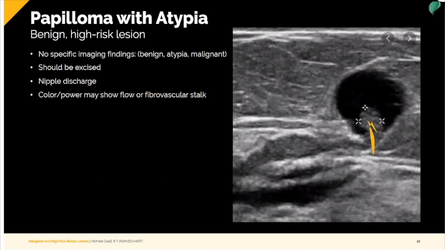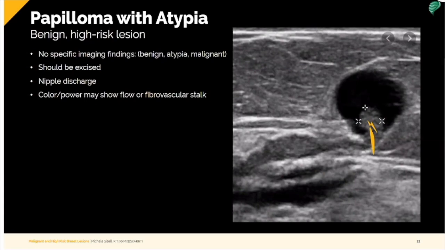The next one is a papilloma with atypia. If a biopsy comes back as a papilloma, as long as there is no atypia associated, it's considered a benign lesion. So you can get a pathology back that says yes, it's a papilloma, but with no atypia means it's completely benign. When it has atypia, that puts it in a little bit more suspicious category.